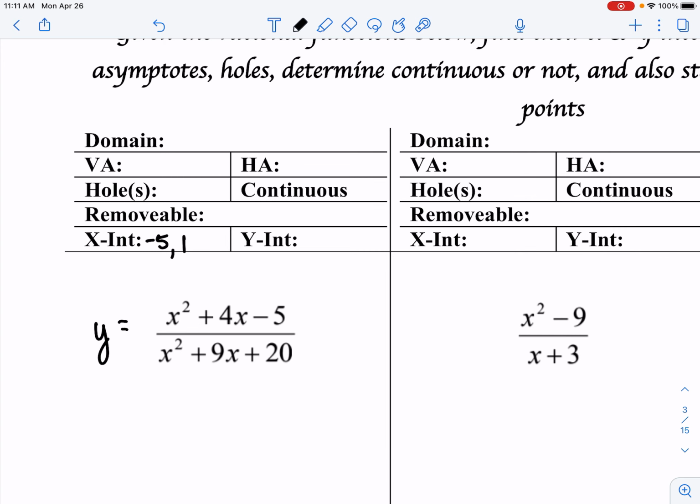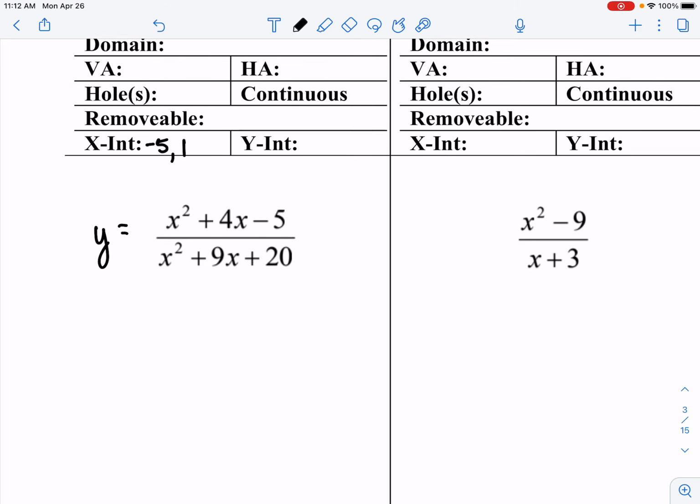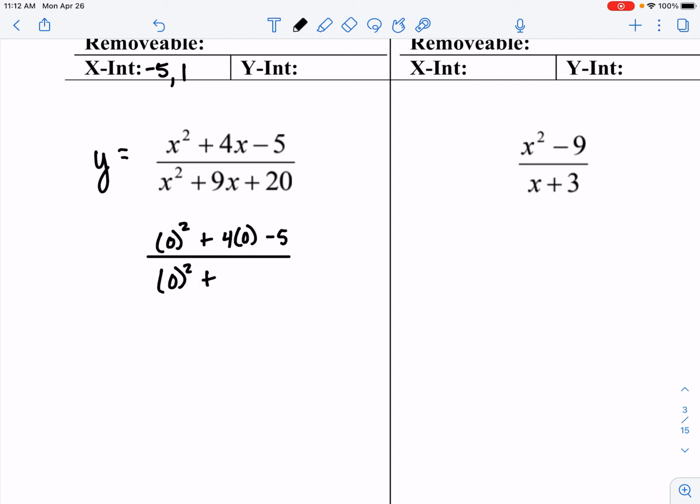The next intercept, remember, is going to be the y-intercept. To do this one, you just plug in 0 everywhere we see an x. So 0 squared plus 4 times 0 minus 5, all divided by 0 squared plus 9 times 0 plus 20.